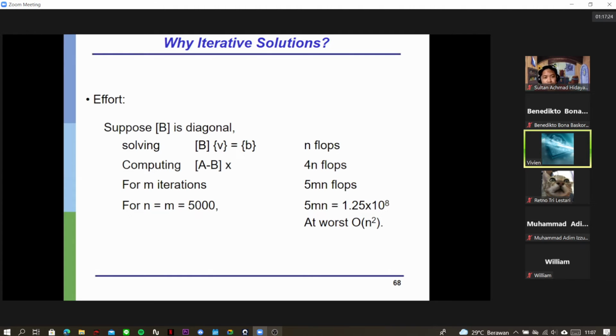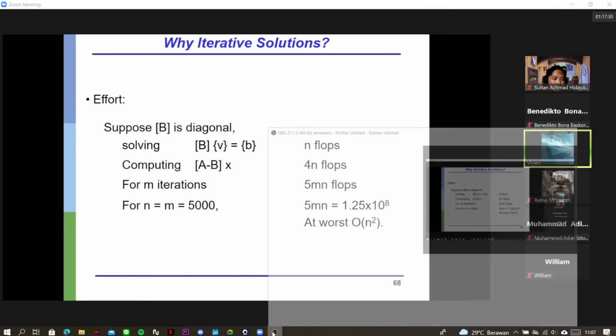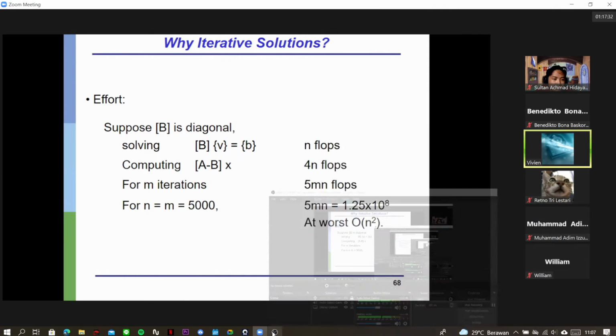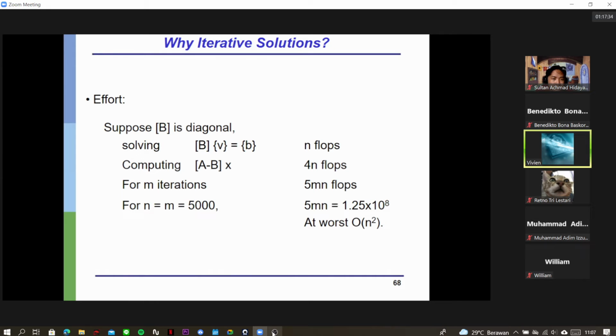There are improved versions of iterative methods, like the preconditioned conjugate gradient method, and so on. So there are many further developments from the iterative method. It's basically not only these two. This is just a very basic iterative method, and there are more advanced, improved methods applied in numerical software.